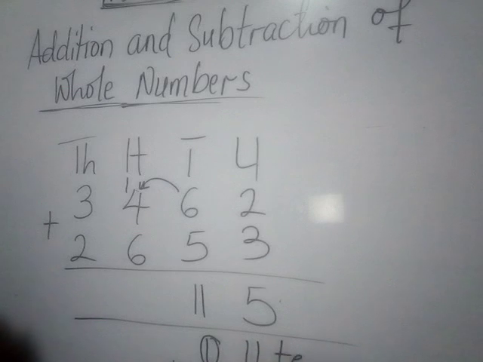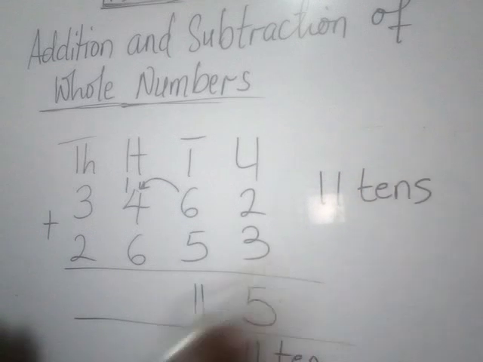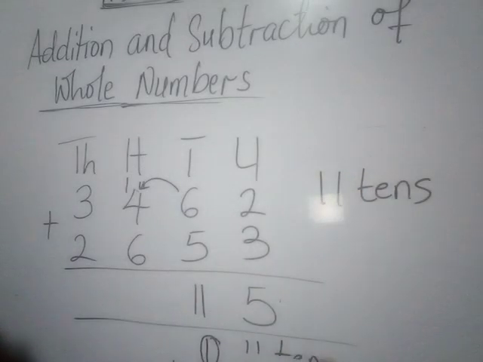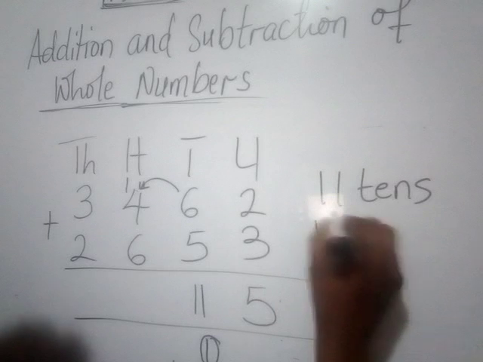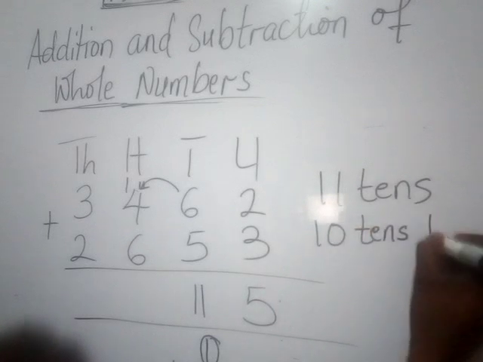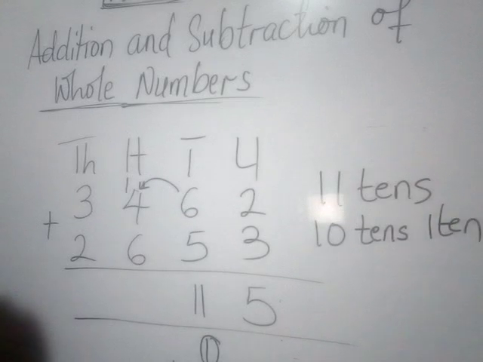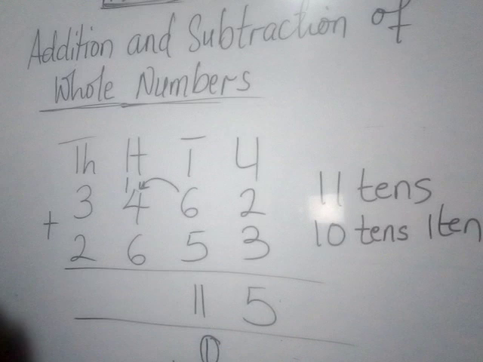Let me write it here for you to see. 11 tens. That's what this 11 is supposed to be. But we know we cannot write 11 under this place. So what do we do? We split it up. 11 tens is actually 10 tens and 1 ten. We are splitting it up.